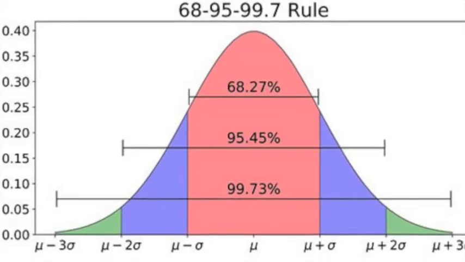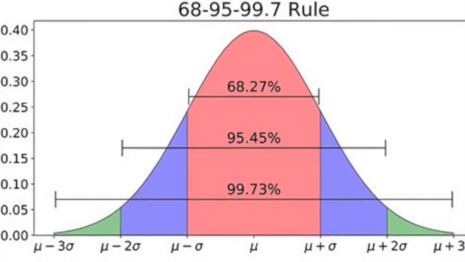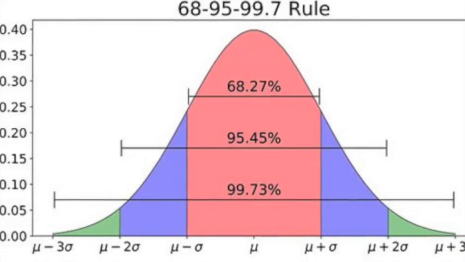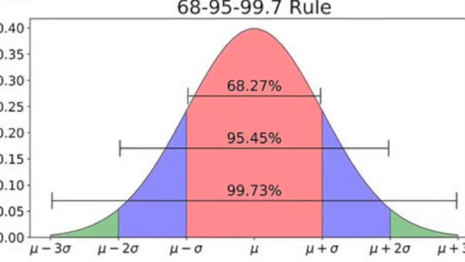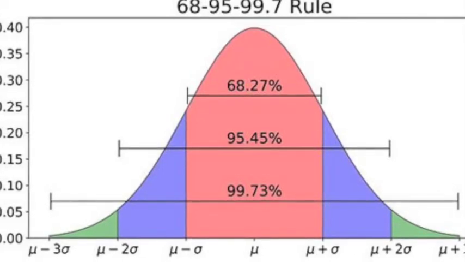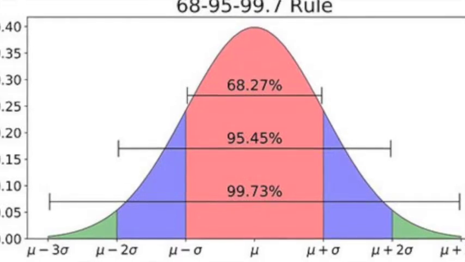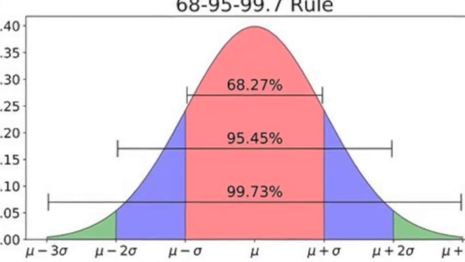Because 34 plus 34 is 68, and 13.5, 34, 34 plus 13.5 is 95%.